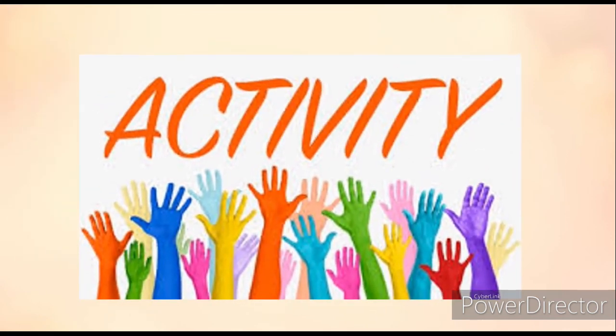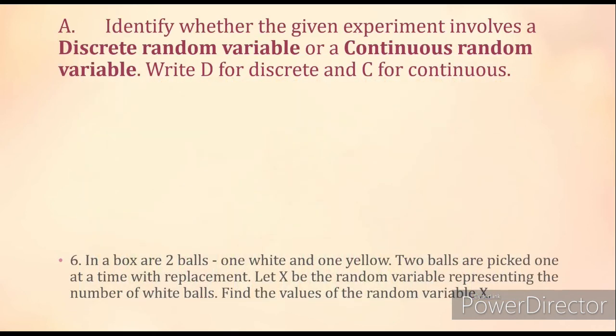That's it. So we will now proceed to an activity to check if you understand the discussion. Again, I want you to get a pen and a paper. Identify whether the given experiment involves a discrete random variable or a continuous random variable.